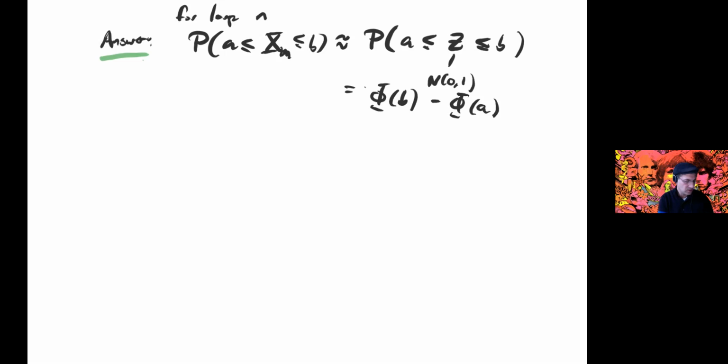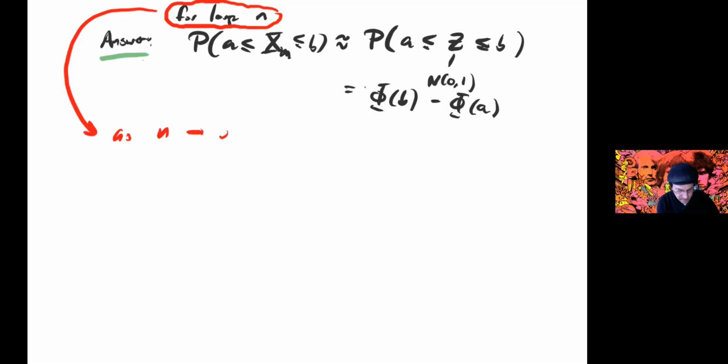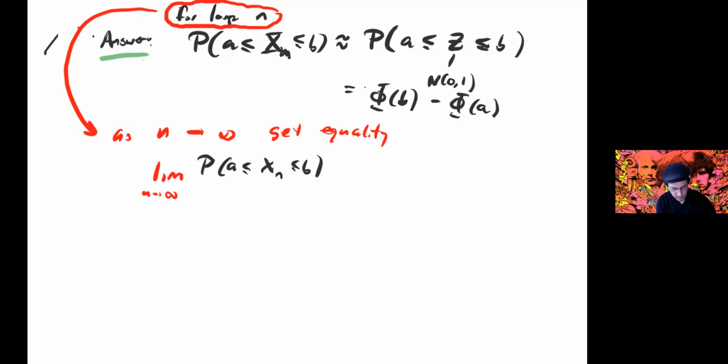Well, it's partially the answer. The question is, what does this expression for large n actually mean? That means as n approaches infinity, you get equality. These probabilities agree, so the limit as n goes to infinity of the probability that a is less than or equal to X sub n is less than or equal to b is given by the probability that a is less than or equal to Z is less than or equal to b.